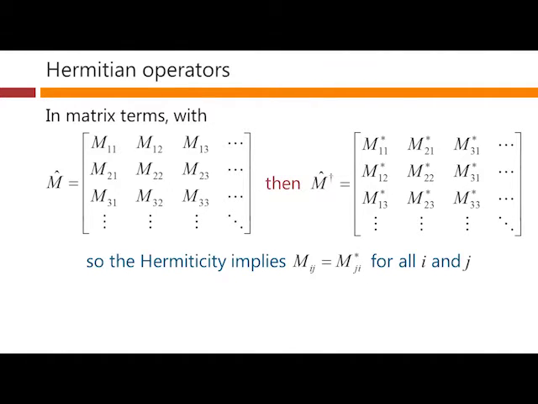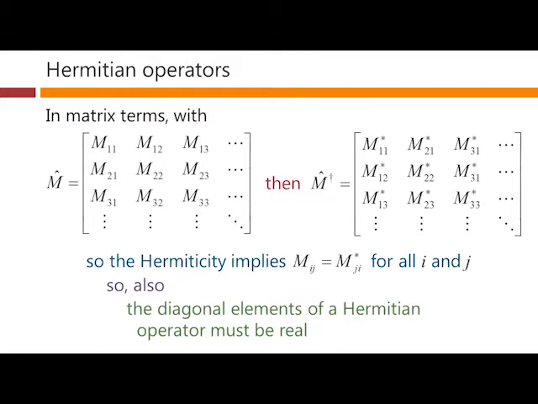For example, here, M31 has to be the same thing as M13 star. So this matrix element has to be the complex conjugate of that one. Also, we can conclude that in a Hermitian matrix, the diagonal elements have to be real, because they have to be equal to their own complex conjugates.